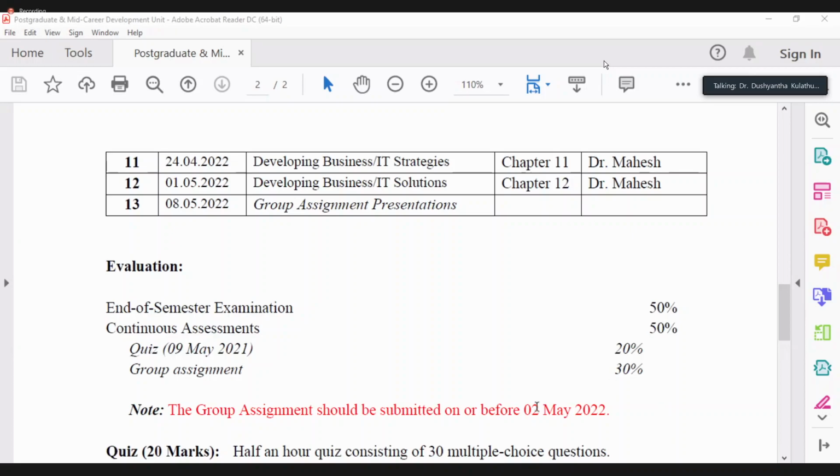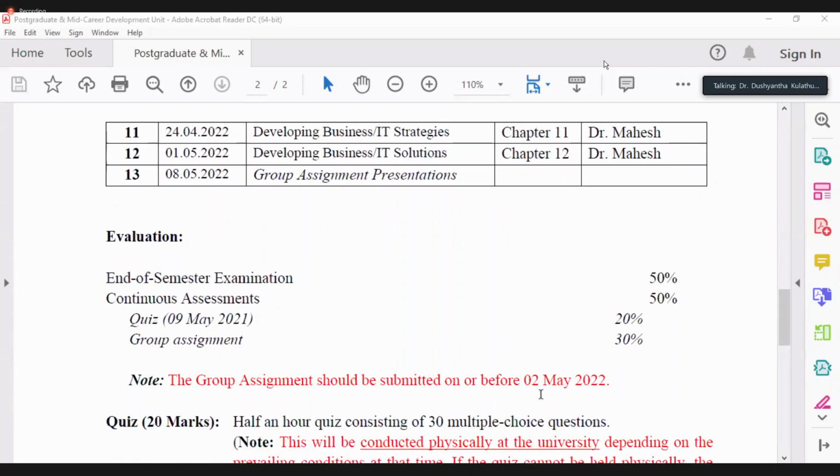So we will be basically giving you the group assignment on the same day to both batches. And so therefore, by May 8th, we will be taking the presentations of the weekday batch. So therefore, we have fixed a deadline for submission for both groups as 2nd May. So you can maybe work on that one after the assignment is given.